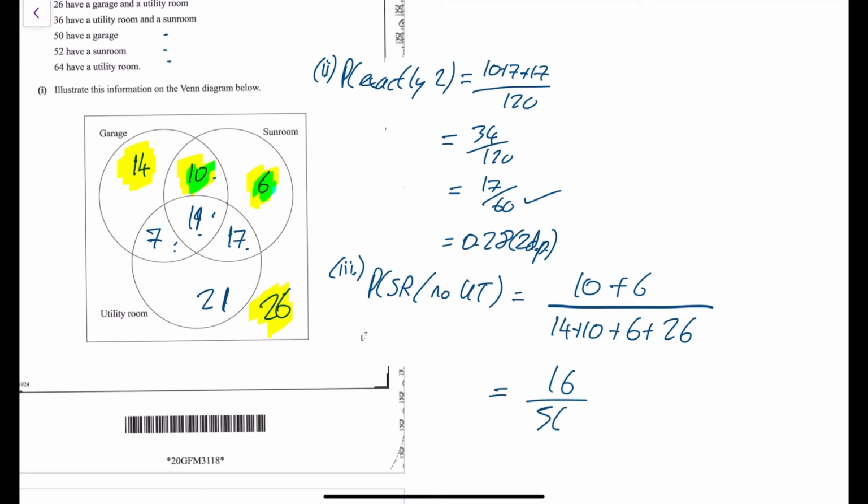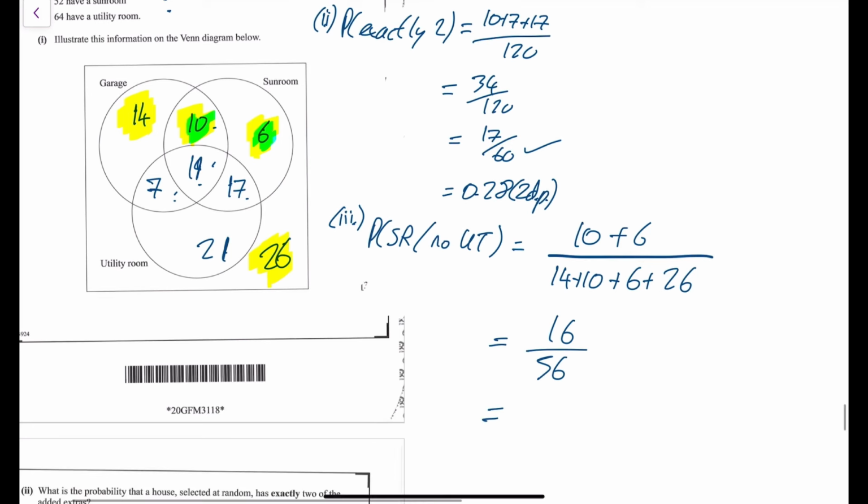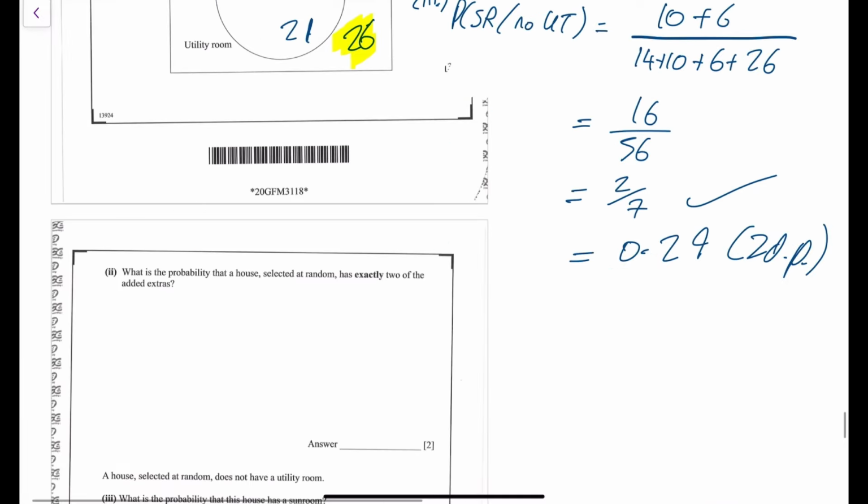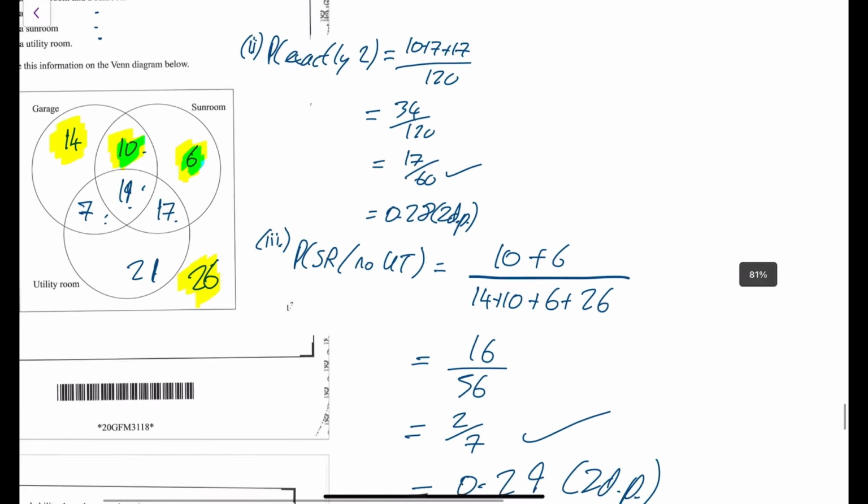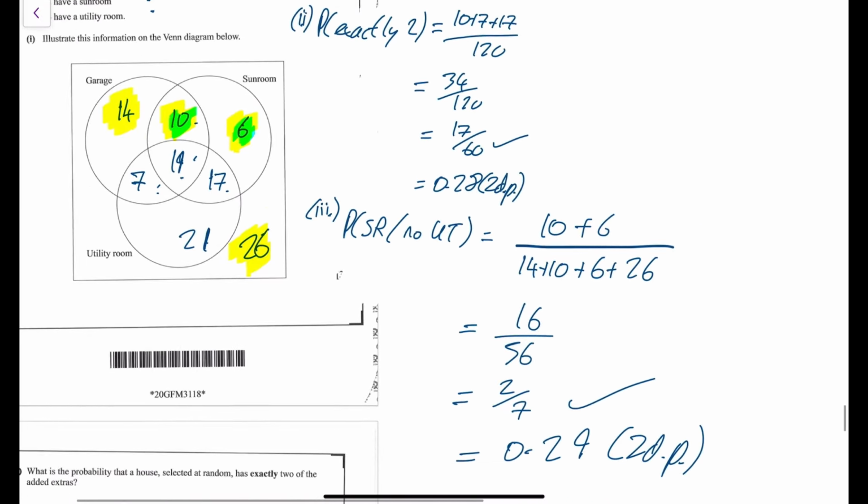So it's that over 56. So 16 divided by 56 cancels down to be 2 over 7. Again, I would imagine that's what they want. But if you find that as a decimal, it's 0.29 to 2 decimal places. So there you have your last answer. That's what we had to do for your last question. All right, all done.